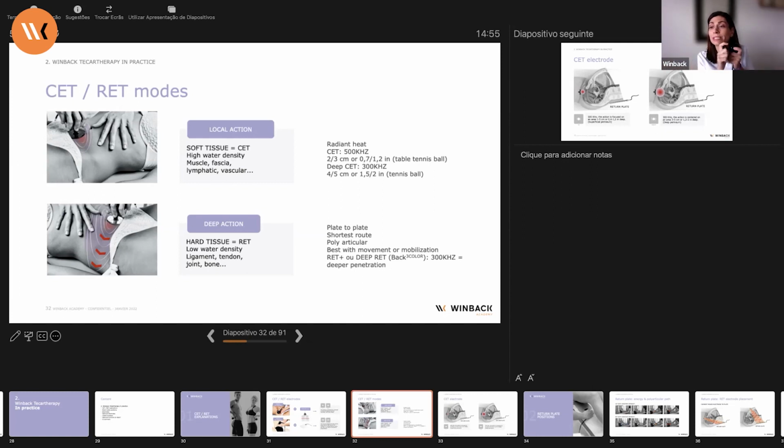If you work on deep set, a little bit more profound, we'll work on 4 to 5 centimeters. It's like the tennis ball I told you before. When we work on red, the one without the ceramic cover, the metal one, we work on hard tissue. We work on the tissues that are really resistive to the passage of the current: low water density tissue, ligaments, tendons, joints, bones.